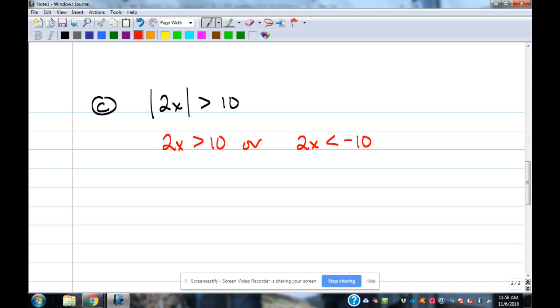All right, two separate problems, work them individually, get your two answers. How do we solve that first one? Divide by 2. Do I need to flip the symbol? No. When do I flip it? When you divide by a negative. I didn't divide by a negative, so I just leave it: x is greater than 5. Do the same work on the other one: x is less than negative 5.